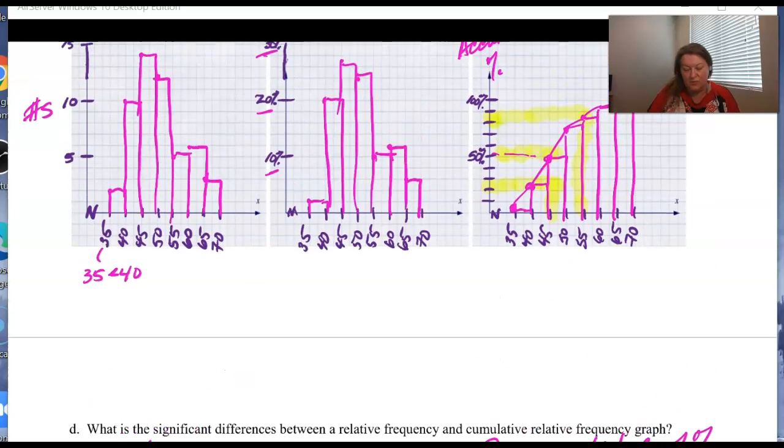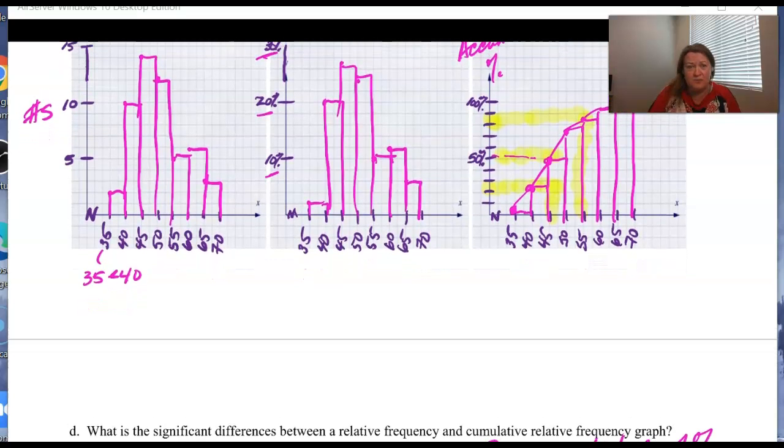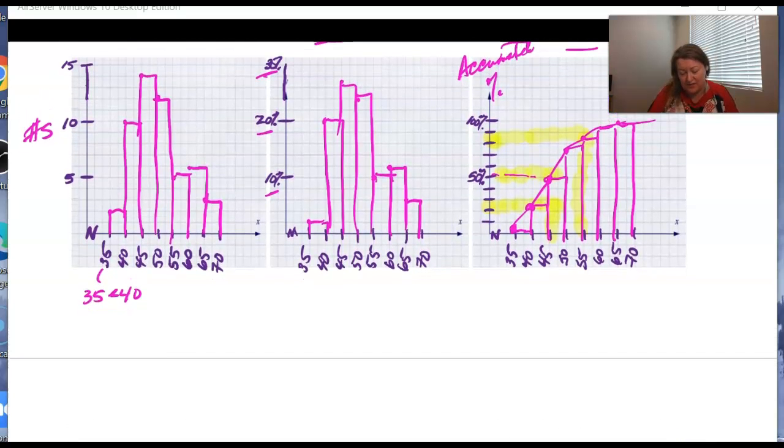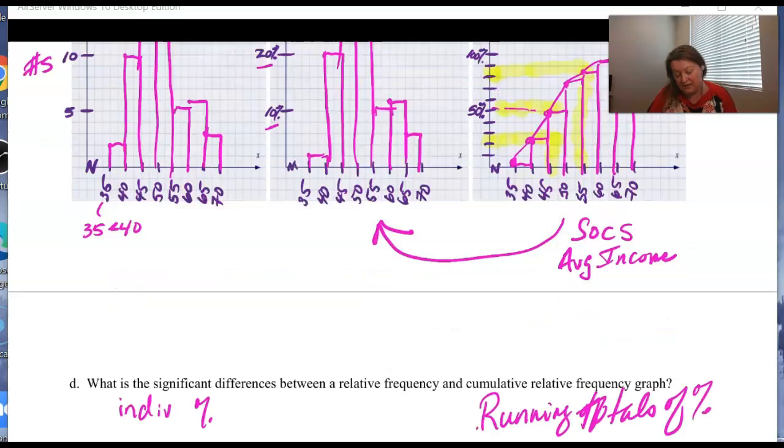If I look at it as a regular graph, I don't want to read this and say it's skewed left. They're all going to look skewed left because they're all increasing graphs. So if I'm trying to do any skew or any other shapes, I'm going to have to start thinking about it back like this, if they really want me to do SOCS on something about the actual average income. This is going to be very challenging for saying whether it's skewed or not skewed. It's also difficult to see outliers.